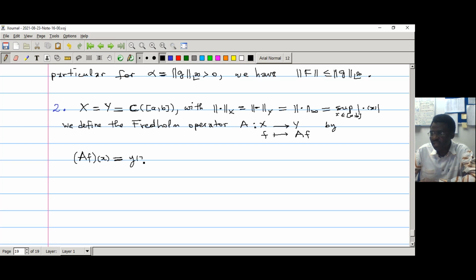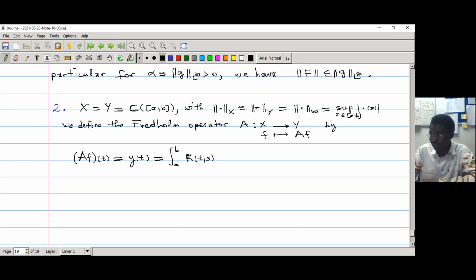Anyway, we call this y of x, and this is an integral from a to b of a certain kernel k of t, s.